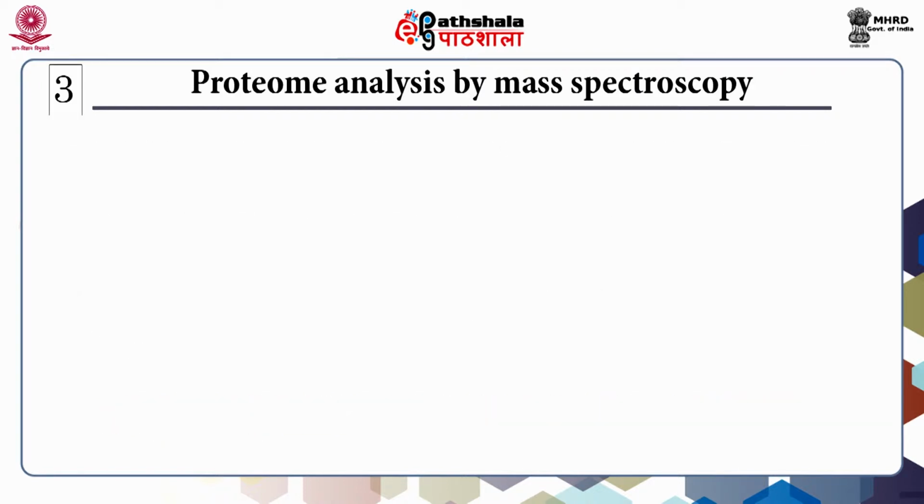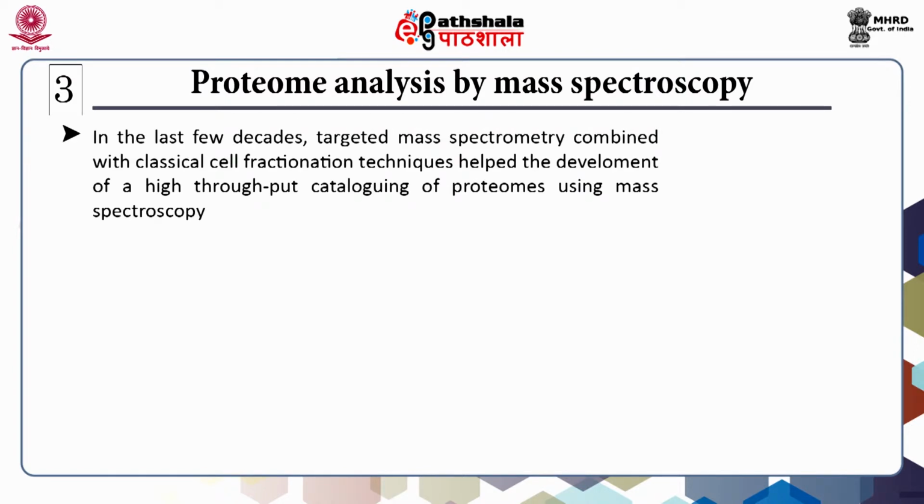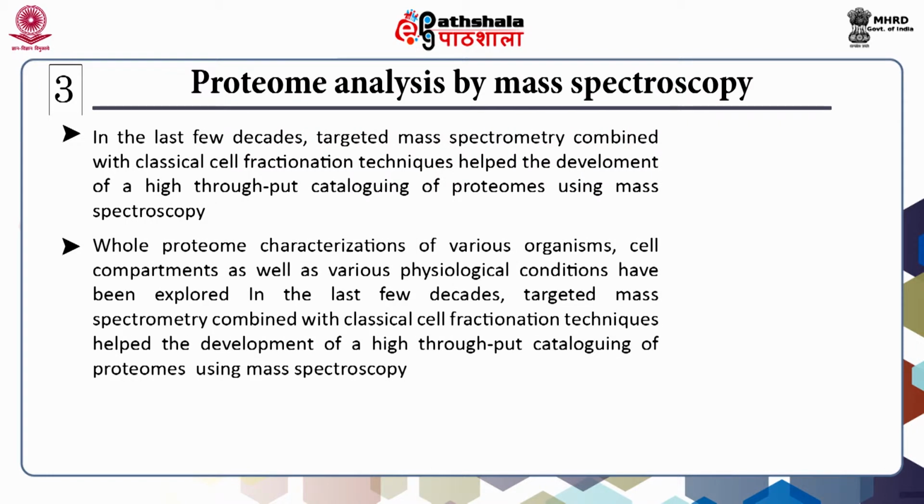The two methods discussed, fractionation and immunostaining, are low throughput approaches with many limitations for investigating metabolic compartmentalization. In the last few decades, targeted mass spectrometry combined with classical cell fractionation techniques has helped the high throughput cataloging of proteins of various organisms, cell compartments as well as various physiological conditions.